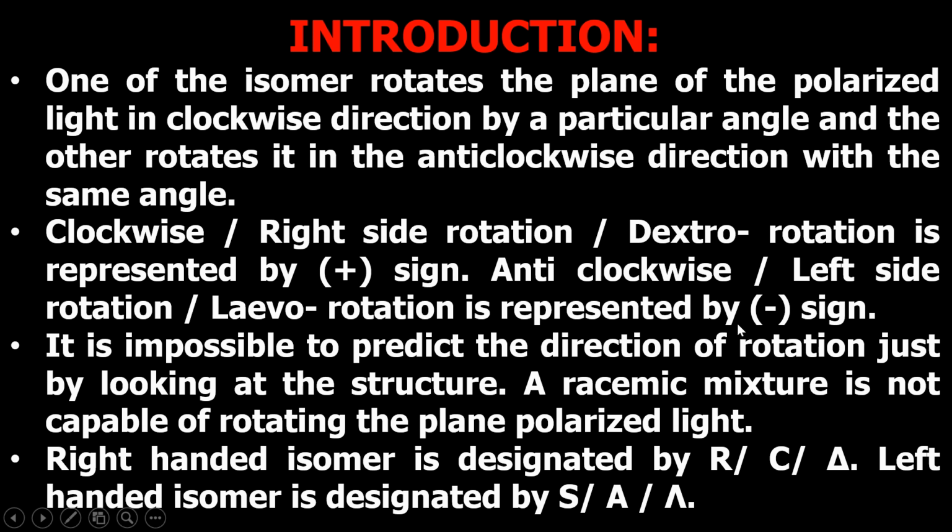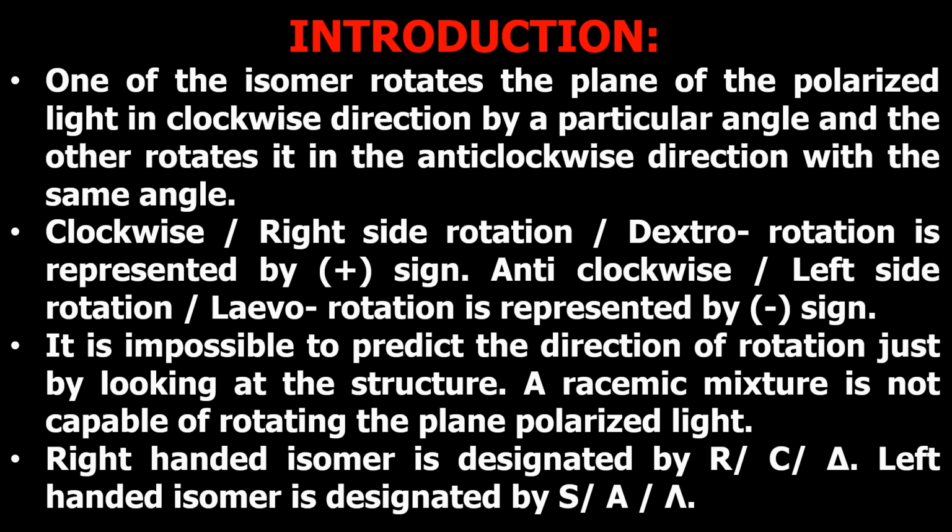Now, the question is, in geometrical isomerism, just by looking at the structure, we could assign the configuration, the cis or the trans. But in case of optical isomerism, it is impossible to tell the direction of the rotation of the plane of polarized light just by looking at the structure. Only experimentally you can find out which isomer will rotate the plane of the polarized light in which direction.